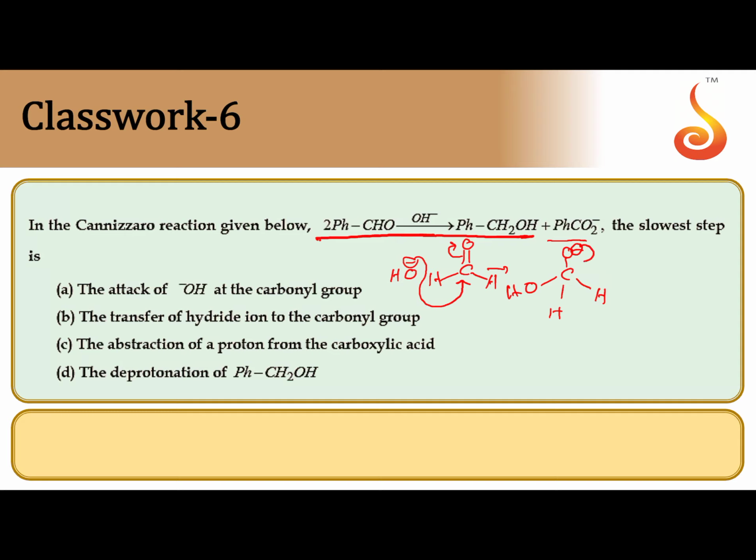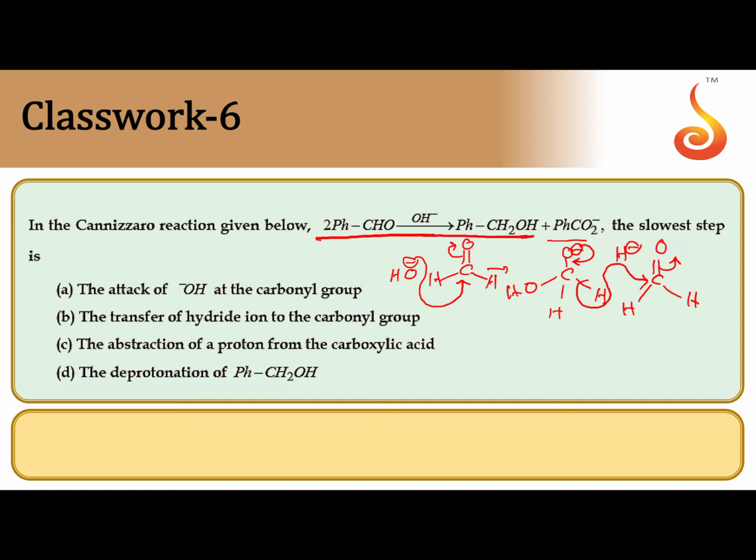Since it is less electronegative, the electron pair on the negative charge is dropped between carbon and oxygen. H minus is expelled out. H comes out in the form of H minus that attacks the electrophilic carbon of the next molecule. This is transfer of hydride.